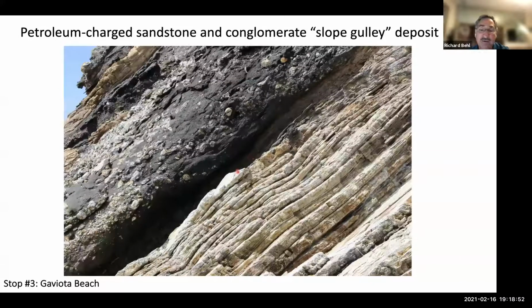And whoa, there we go. We have the light-colored porcelanites and siliceous shales, very thin-bedded, classic hemipelagic sediments, laminated, porous, fine-grained. And then we got this black sandstones and conglomerates.